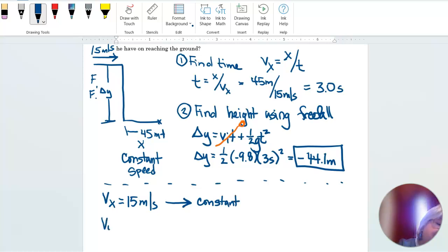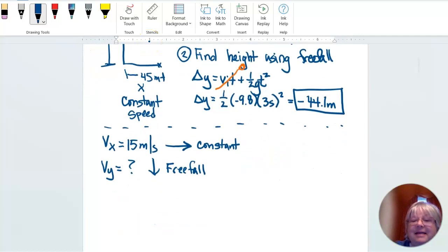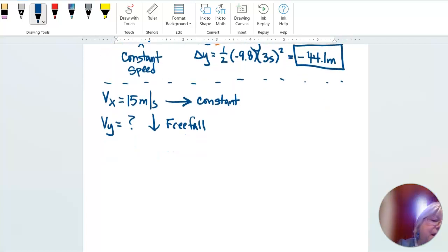His other velocity comes from his Vy. We don't know what that is. That's his downward velocity, and that is due to free fall. We have to find that velocity, and then we can use the Pythagorean theorem to add that as vectors.